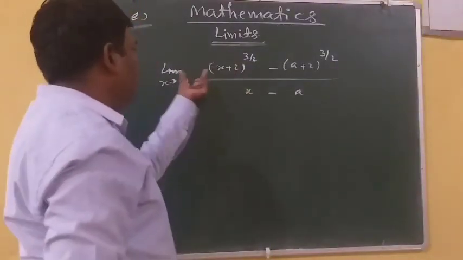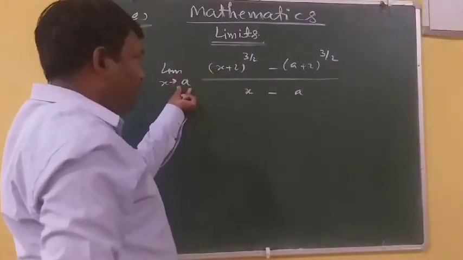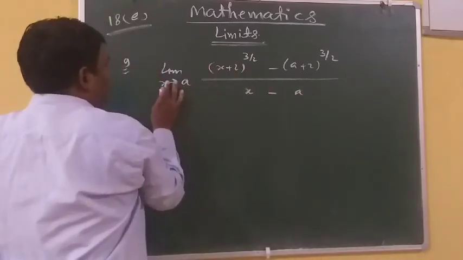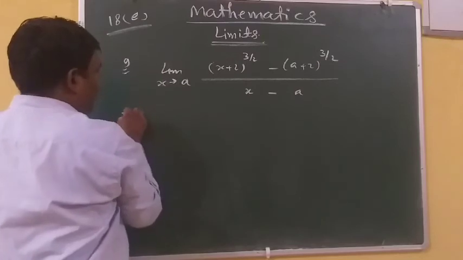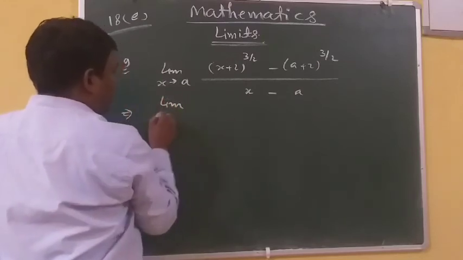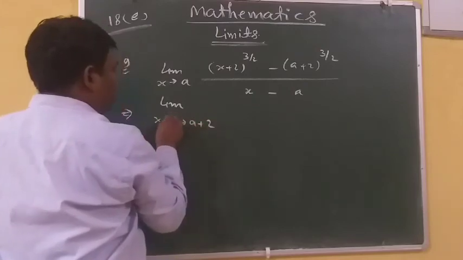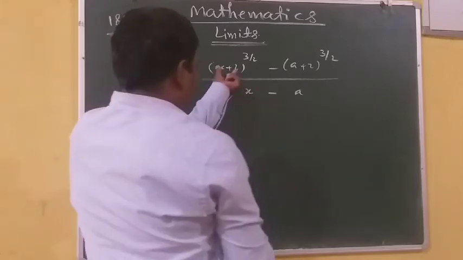Standard is that limit x tends to whatever, but here it is x plus 2. So adding 2 to both sides of the limit, limit x plus 2 tends to a plus 2. So this is a variable.